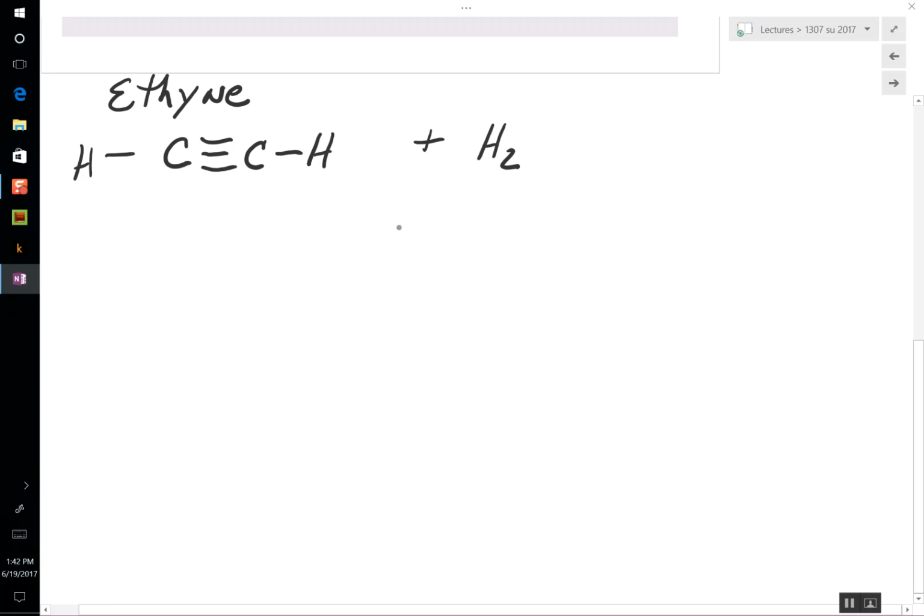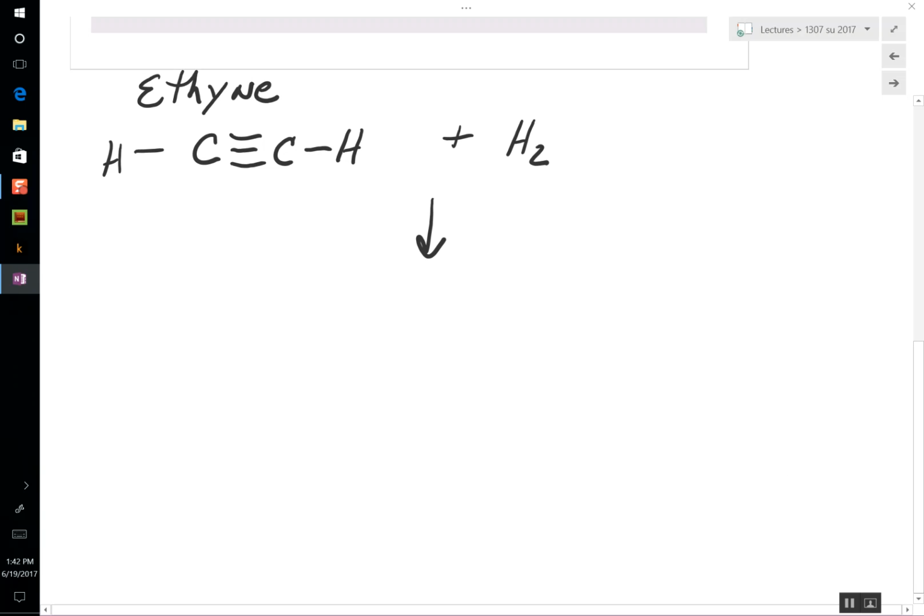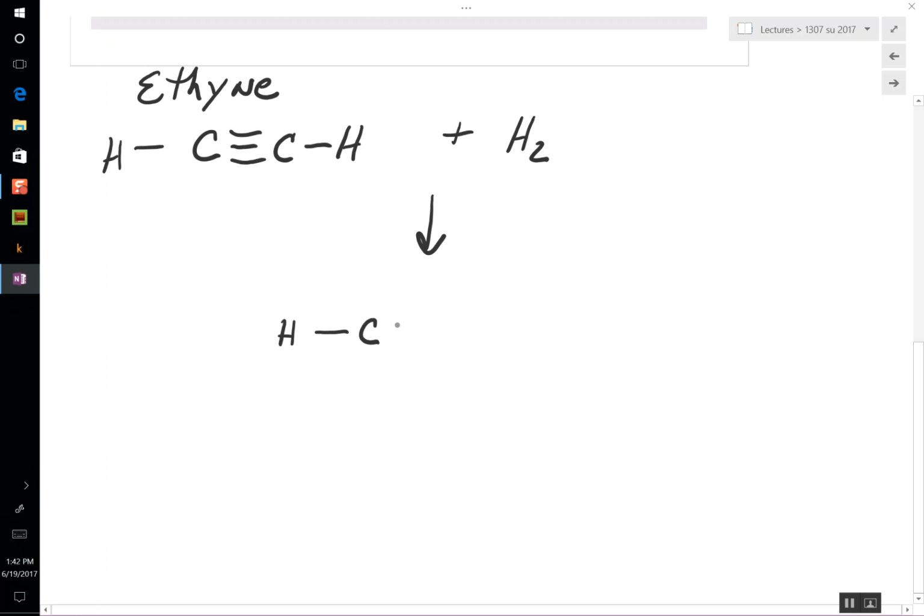What is that going to form? Well, the very first step is you're going to get this.